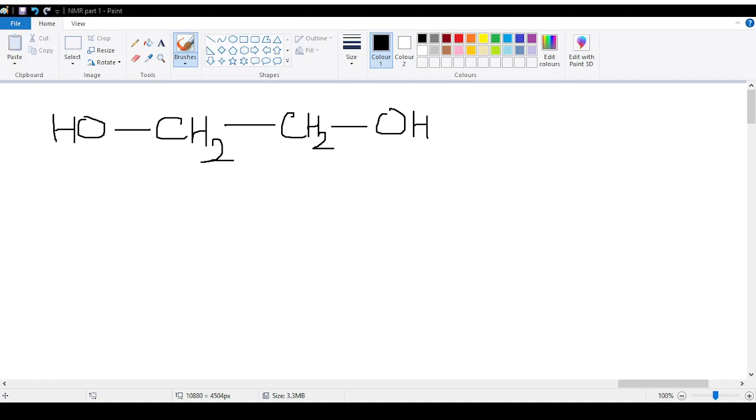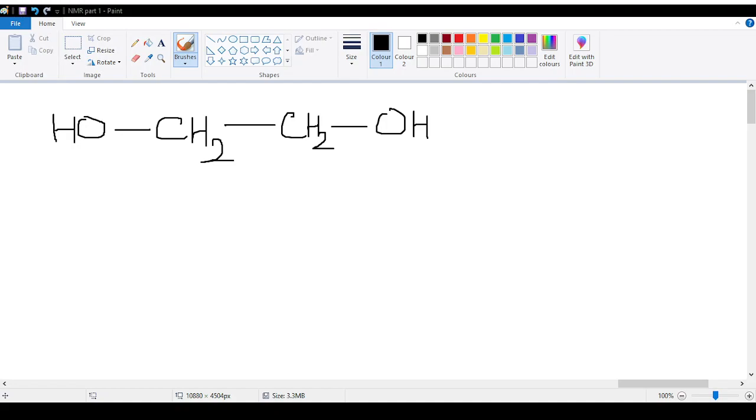All right. How many different signals can we expect? I think both of them have the same chemical environment. Wait, there's also hydrogen in OH, so we should consider that as well. I think both OH have the same chemical environment and CH2 also have the same chemical environment.